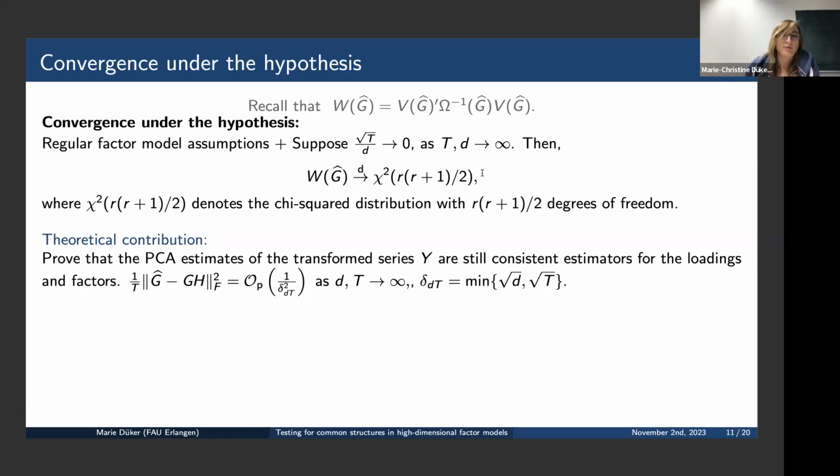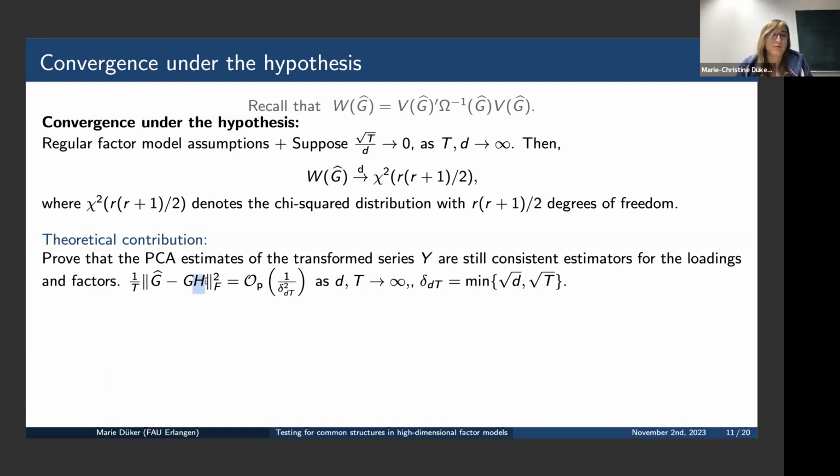Yeah, so from a theoretical point of view, it's really just that we have to have a close look into the proof of Han and Inouye for their test statistic, because we use the exact same idea, and that is that we need to show that our estimators, the PCA estimates for the transformed series, are still consistent estimates. And I wrote a very rough thing here to not go into more of the technical details, but the quintessence of this is basically that we need that the G hats consistently estimate the actual factors.